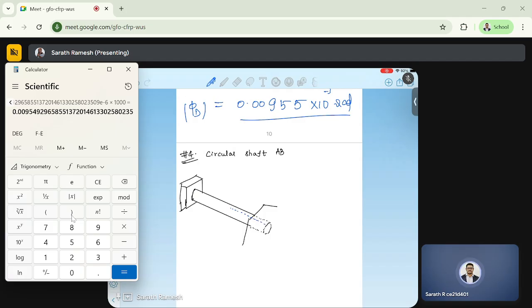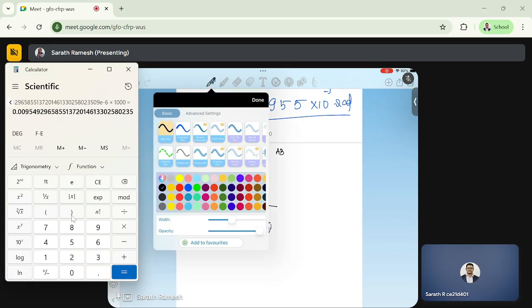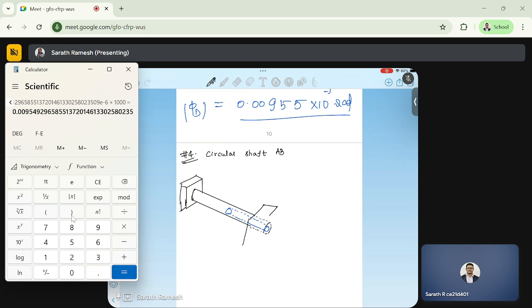A cavity has been drilled. This is the cavity. Okay, this is again fixed, but I'm just showing the internal side.